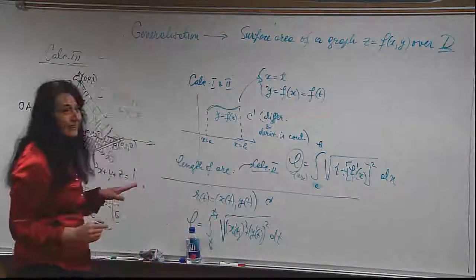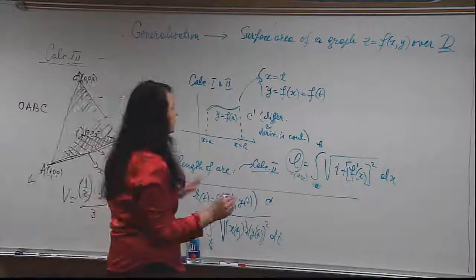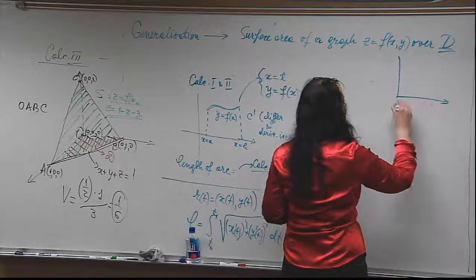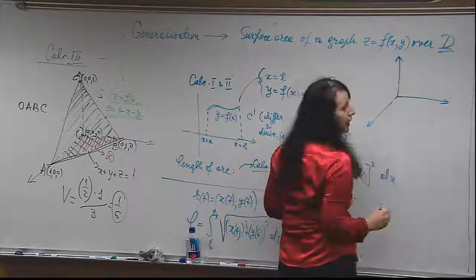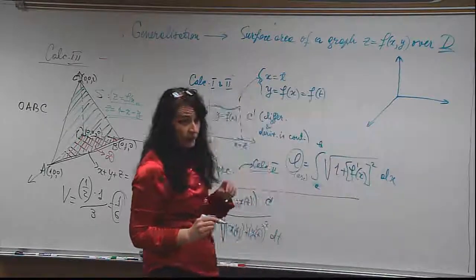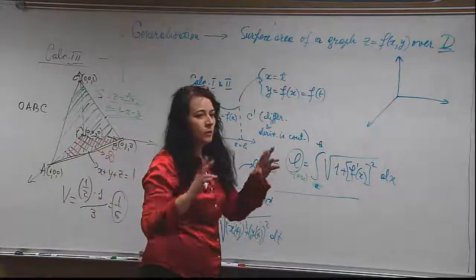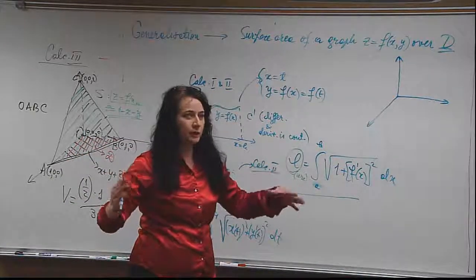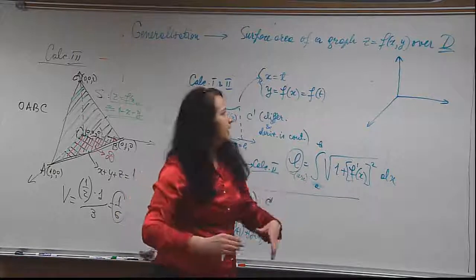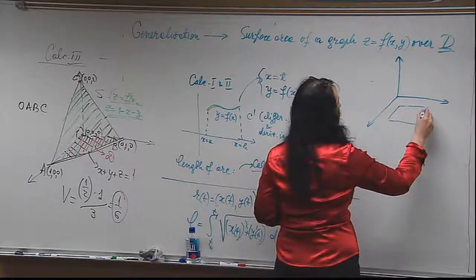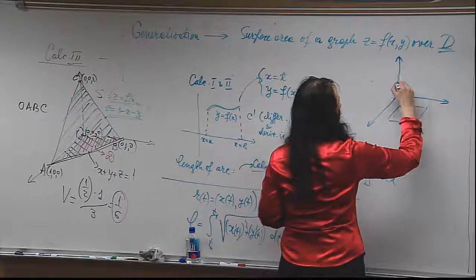It's exactly the same formula generalized, and I'd like you to guess it. I'd like you to experimentally get to the formula. It can be proved by taking the equivalent of some sort of Riemann summation and passing to the limit, but I'd like you to imagine it.